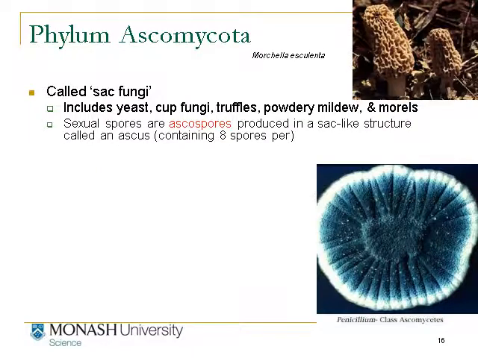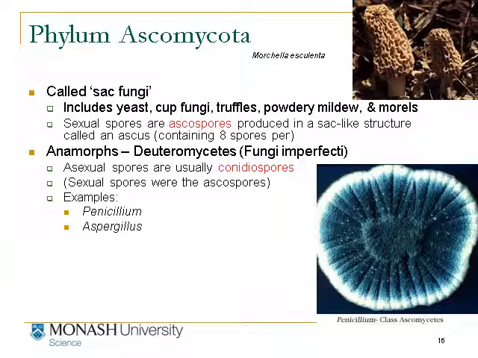In the phylum Ascomycota, we have yeast, cup fungi, truffles, powdery mildew, and morels. We will talk about yeast separately in the next part of the lecture. Here we look at the fruiting body type of ascomycetes. The sexual spores are ascospores produced in a sac-like structure called an ascus, generally containing 8 spores per ascus.